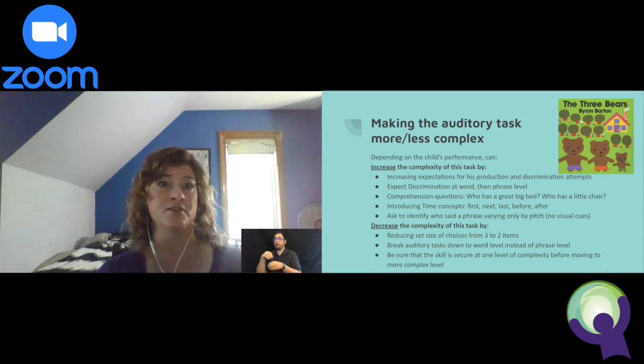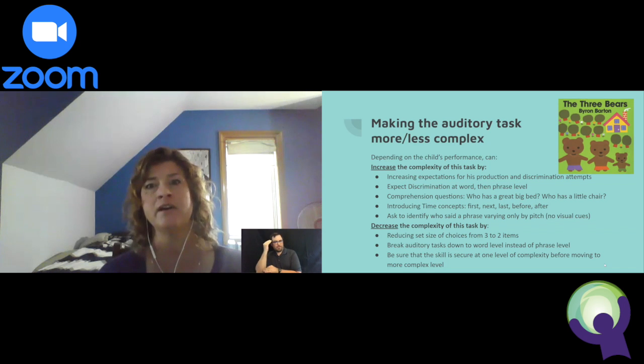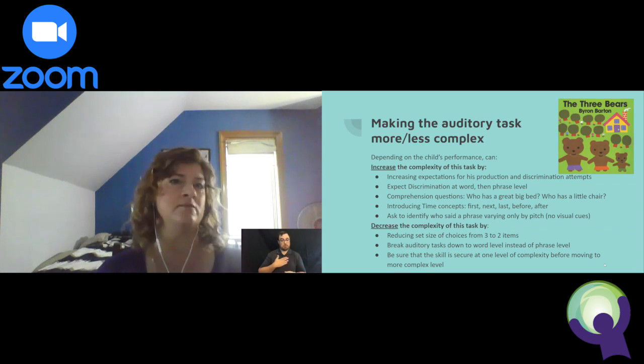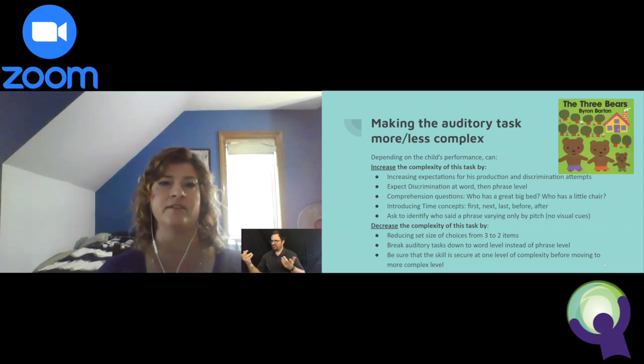So maybe they're also working on 3 Bears this week. That's super, because then I can use their background knowledge on that to build some vocabulary and work on some more of my auditory skills. But I would try as much as I could to collaborate with others on the team, so that I'm not doing my own thing and the speechies doing their own thing and the teacher of the deaf and hard of hearing is doing their own thing.